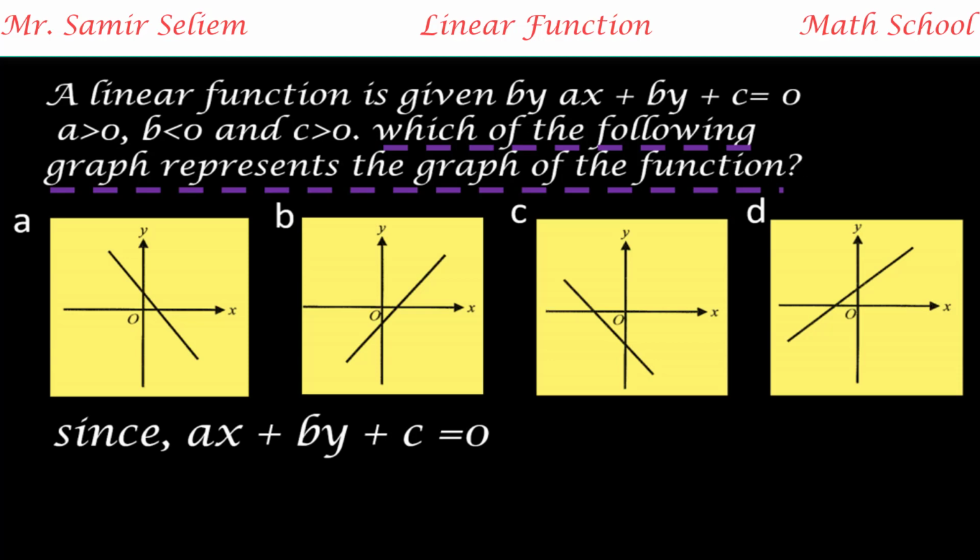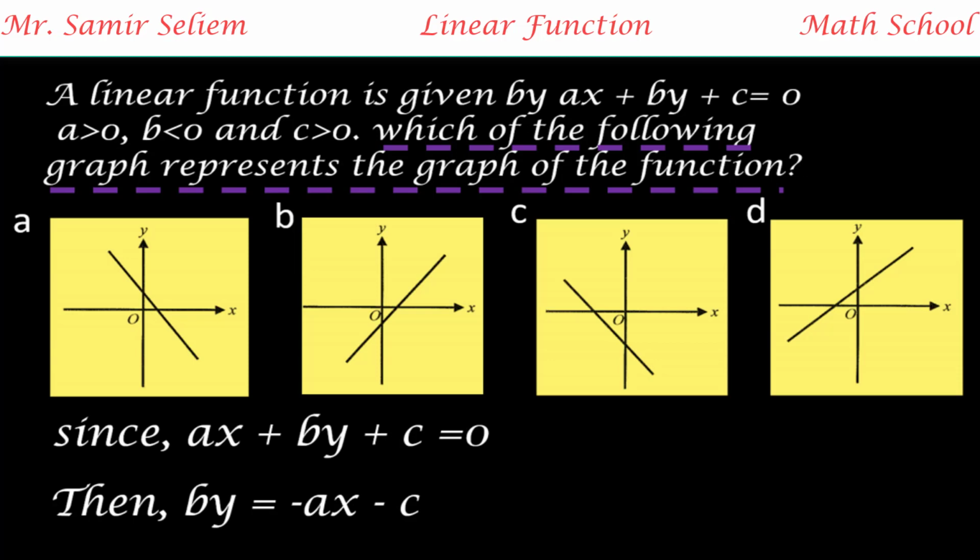So put this equation in y-intercept form. How? Subtract ax and then subtract c from both sides, and we get by equals negative ax minus c.